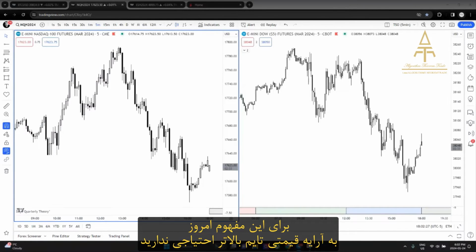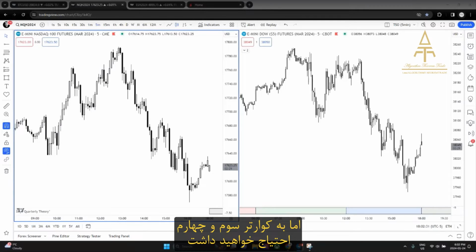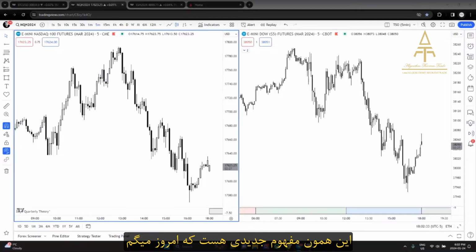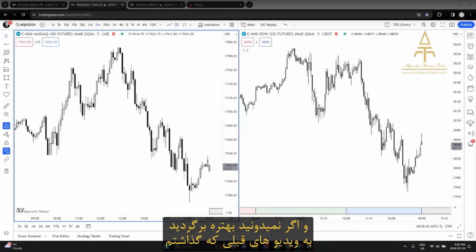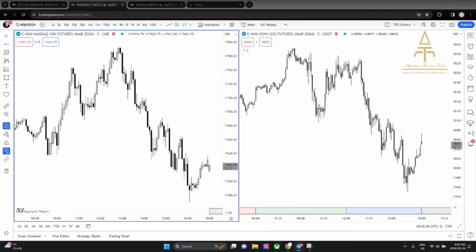For this, you don't really need a higher time frame PDA array, but you need Q3 and Q4, the new concept that I will be sharing with you. If you have a higher time frame PDA array, which most of you know what that is, and if you don't, then you should probably go back and rewatch some of the videos that I did.